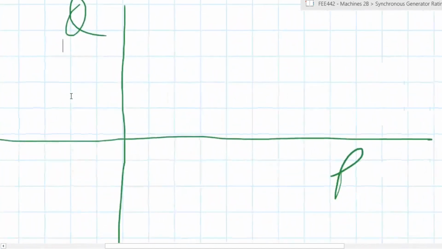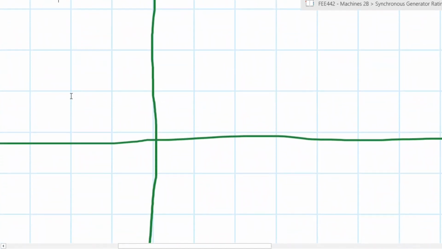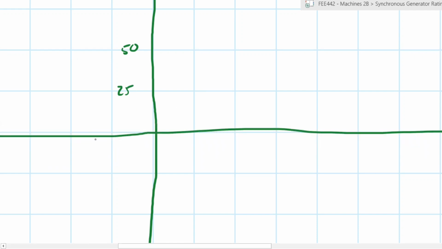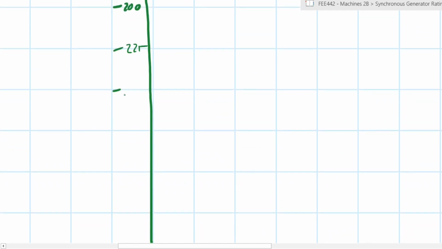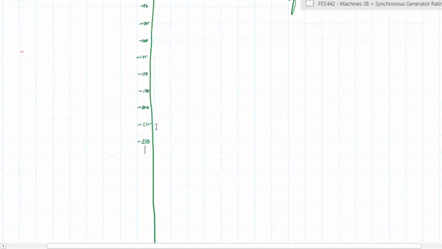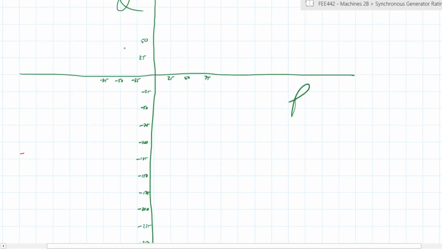Let's zoom in a bit, and let's take the scale to be in terms of 25. So this is 25, 50, 75. Right. So going back to our indications.